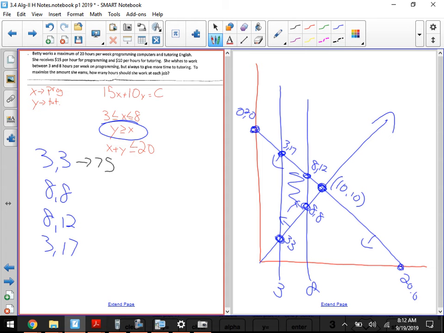80 plus, or is it 120? You guys only have calculators to help me out here. Is this 200? Okay. 120 plus 120 would be 240.